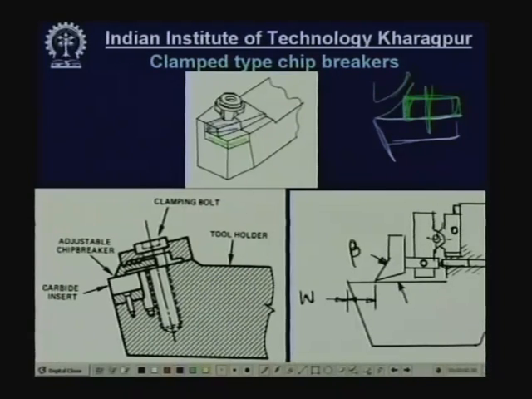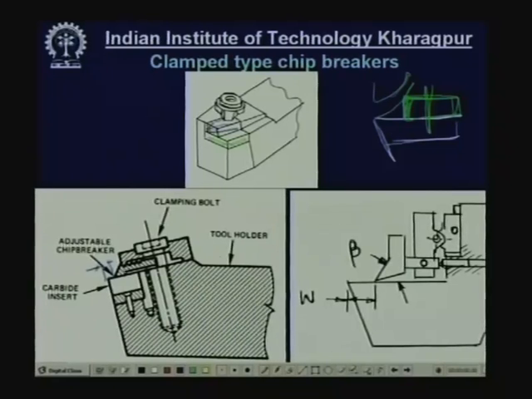Now, this is slightly versatile, where the width of the land, this portion, can be varied depending upon the cutting velocity. So, this clamp type chip breaker can be shifted along the rake surface by loosening the screw and the clamp, and this gap, this flat surface on which the chip will flow, can be varied depending upon the radius of curvature.